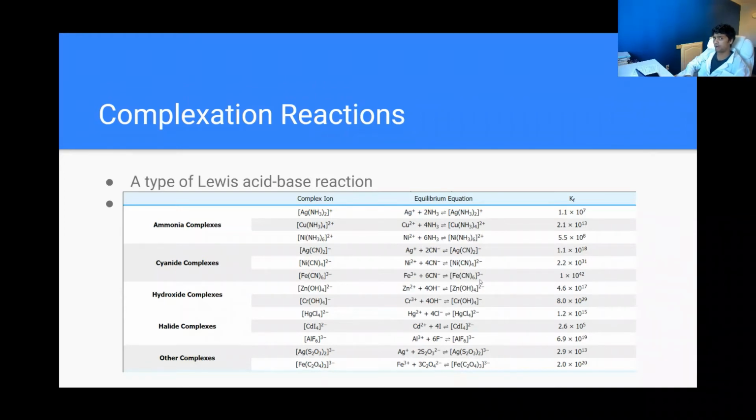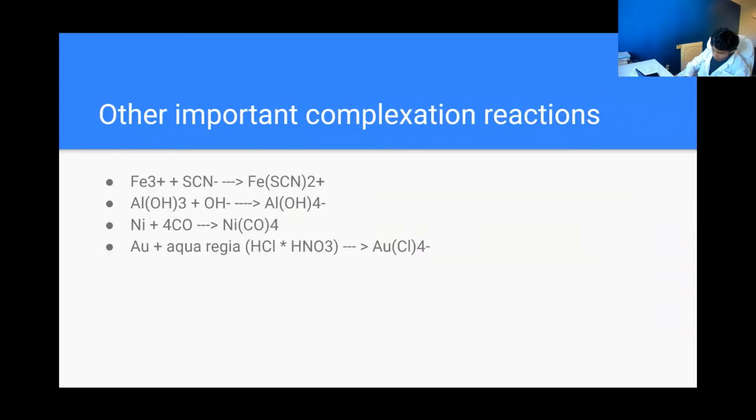This is an important qualitative test because if you add a lot of base, it may dissolve, and you can tell if it's zinc or not. Another important complexation reaction is this. It's a qualitative test: if you put a lot of hydroxide with aluminum, it'll dissolve again and form the complex.